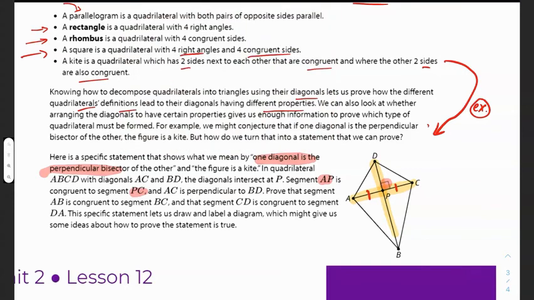AP is congruent to PC. And what else do they give us? AC is perpendicular to BD, which is the 90-degree angle right there. Prove segment AB is congruent to segment BC. So we're trying to prove that AB is congruent to BC.